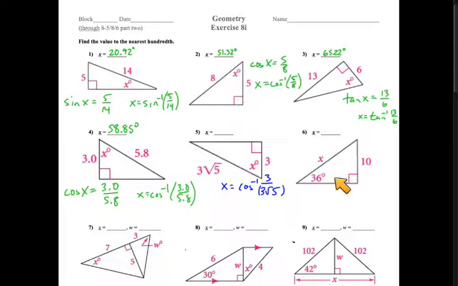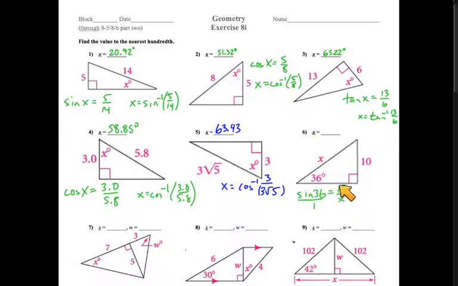Here, 36 is the angle, 10 is the opposite, x is the hypotenuse. That is sine, so we do the sine of 36 equals 10 over x. Notice now the angle isn't the variable, but x is the side. So now the sine of the angle equals 10 over x.